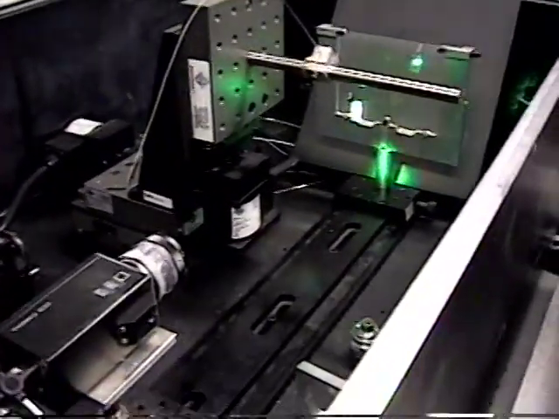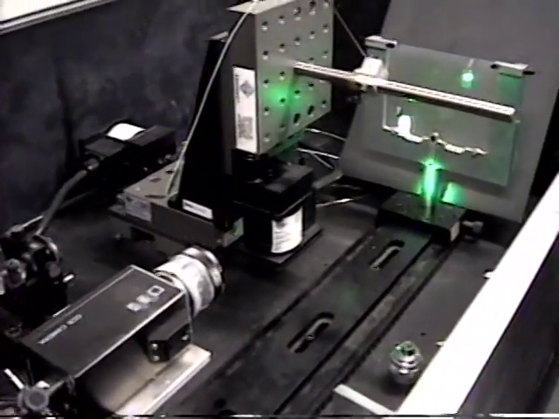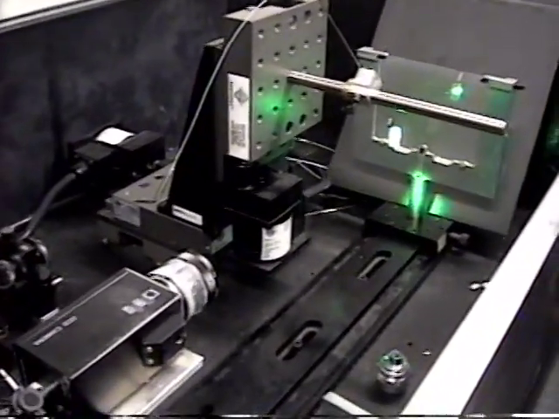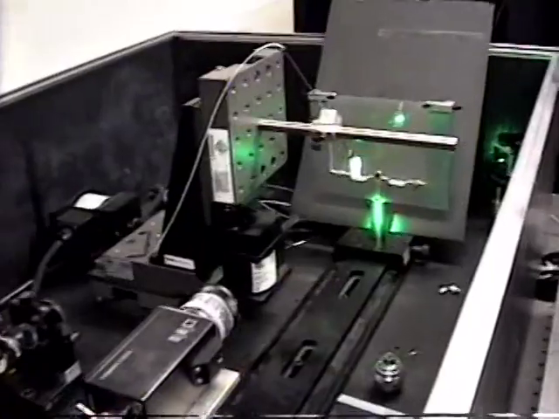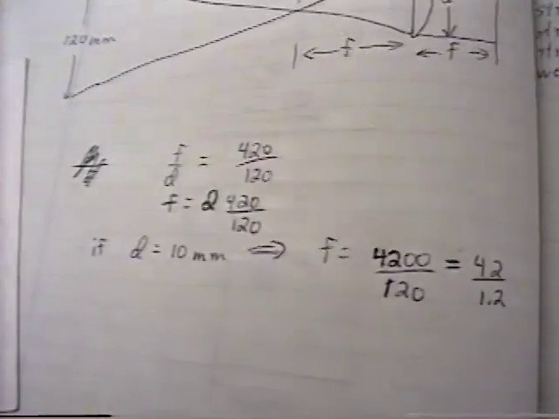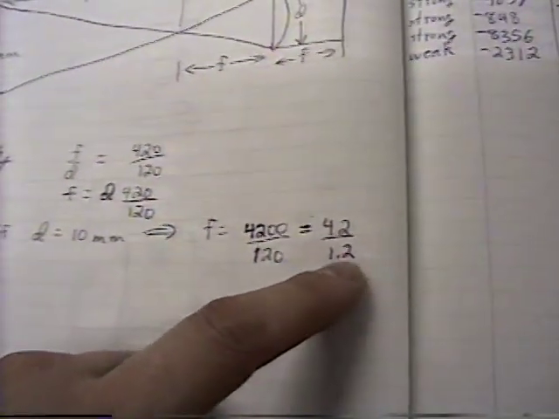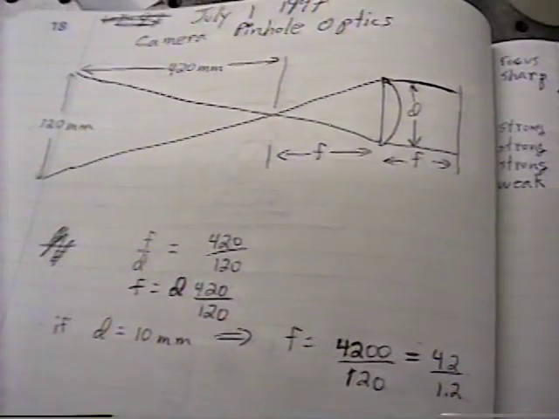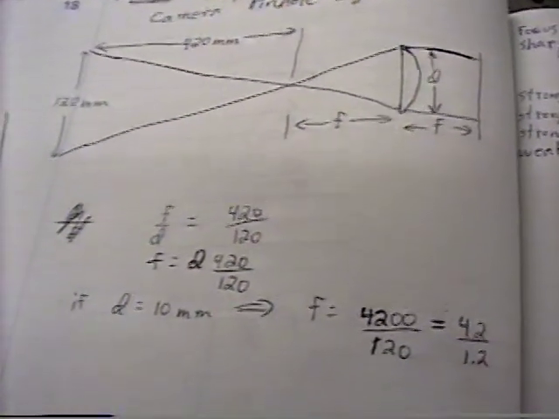So another thing I could try in the future is getting a different lens that has the appropriate magnification to give us a full view of the hologram, but I would have to do some more calculations to determine that. I thought I determined 40 millimeters, but here is where I did my calculation. I determined that I wanted about 42 over 1.2, about 40 millimeters, but I think I was off on that, and I have to redo it to figure out what we need.